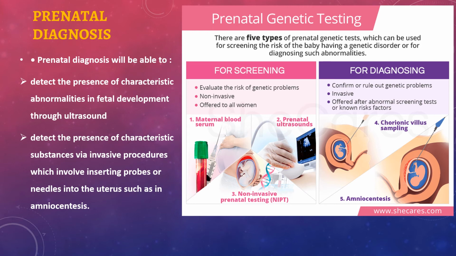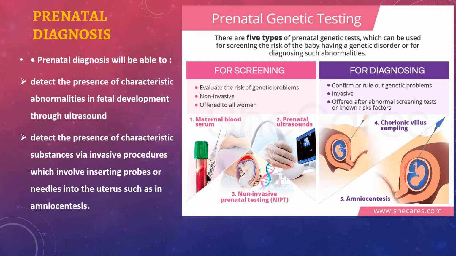Prenatal genetic testing. There are 5 types of prenatal genetic tests which can be used for screening the risk of the baby having a genetic disorder or for diagnosing such abnormalities. For screening, it evaluates the risk of genetic problems. It is a non-invasive procedure, and it is offered to all women of any age in any week of pregnancy.